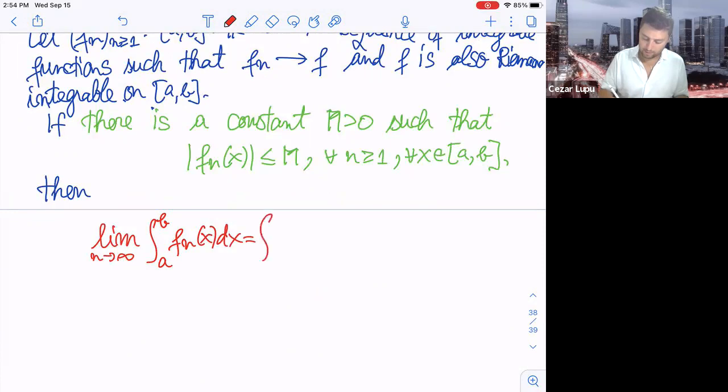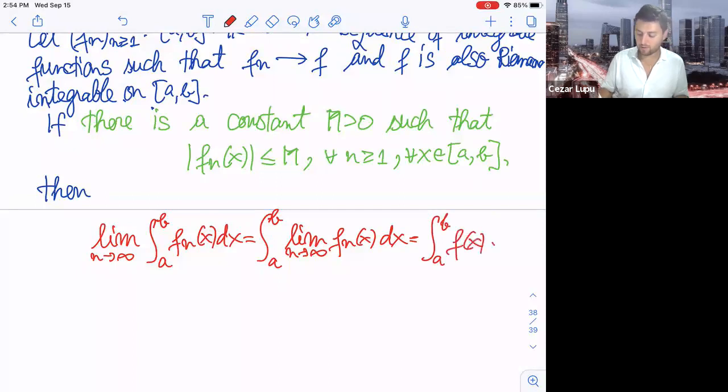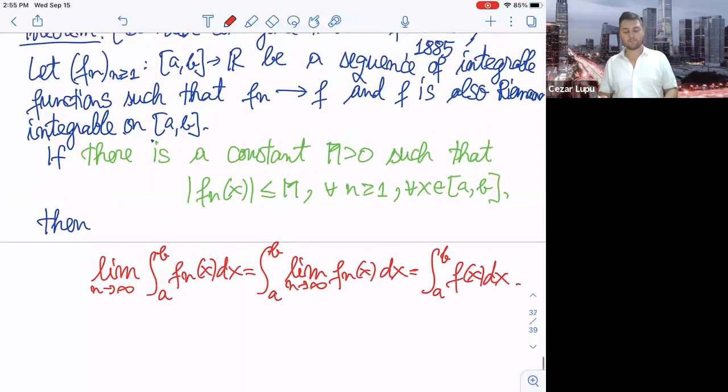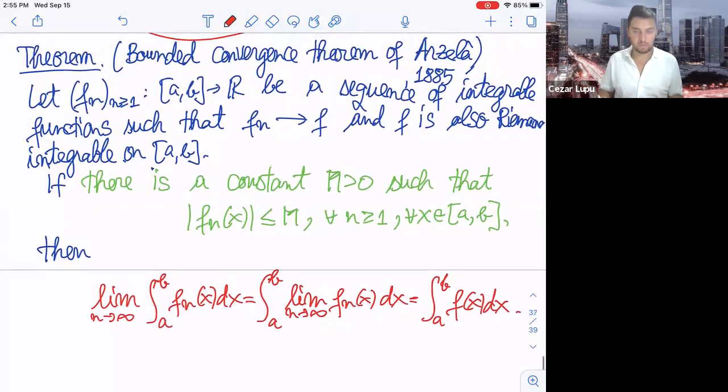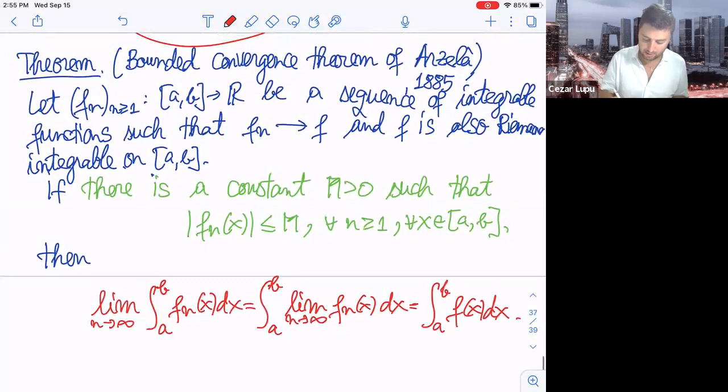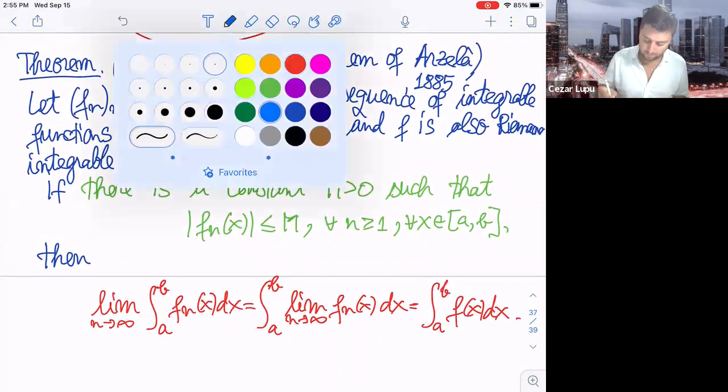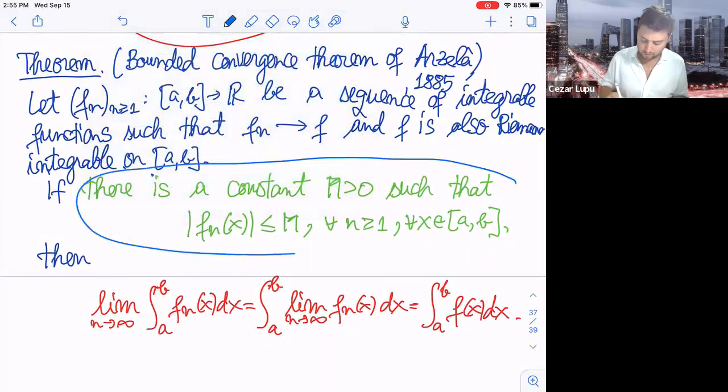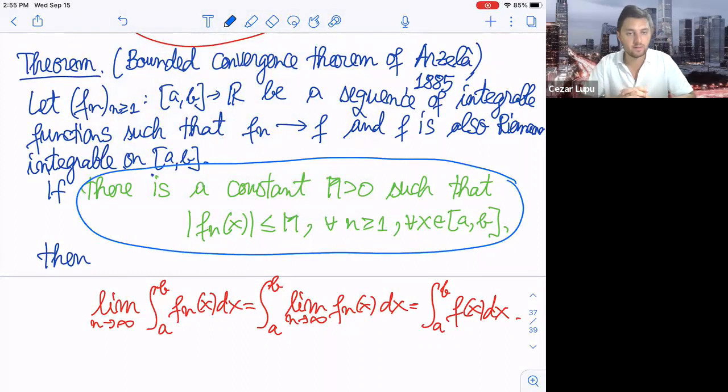This is the integral, and moreover, this will be the integral from a to b of f of x dx. Wow, that's great. So I keep the pointwise convergence, but then I add this extra condition here. So I bound the sequence of functions by a constant.